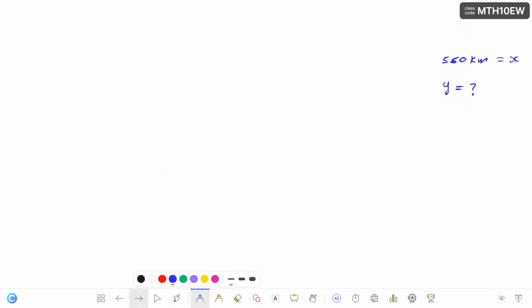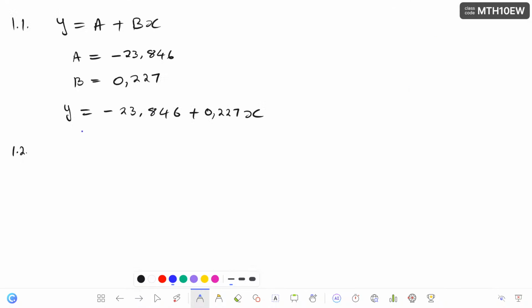In order to predict this value, we are going to use our equation. So y = -23.846 + 0.227, then you substitute 550. Then you punch on your calculator negative 23.846 plus 0.227 times 550.